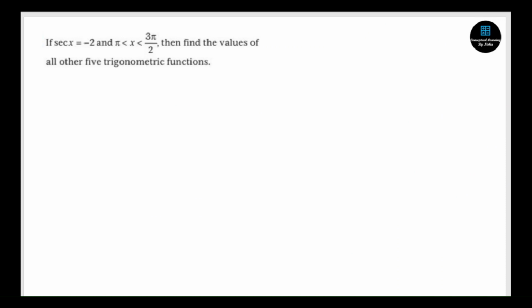Now here the value of sec x is given as -2. Also this is very much important: pi less than x less than 3 pi by 2. Now which quadrant is it? Yes, you are right. This is the third quadrant. First of all, we have to figure out which quadrant we are talking about.